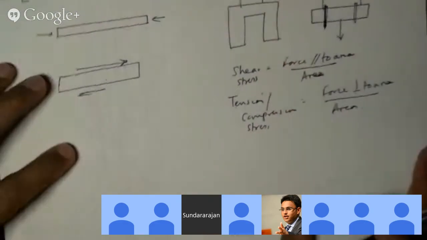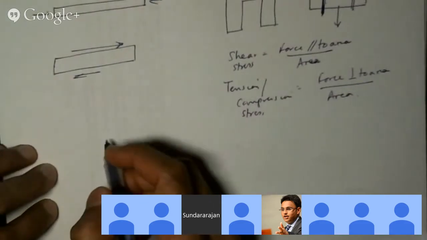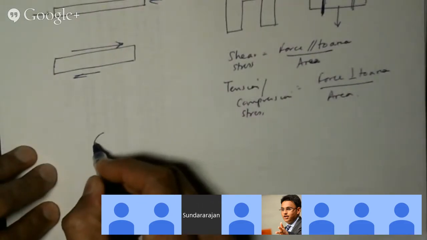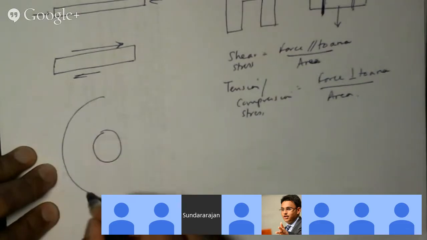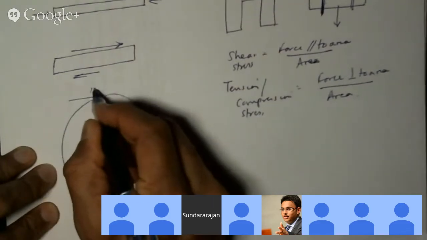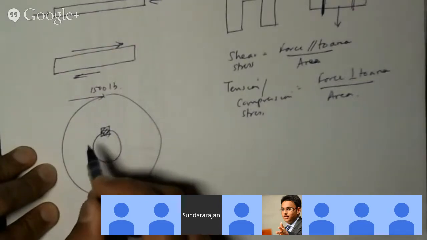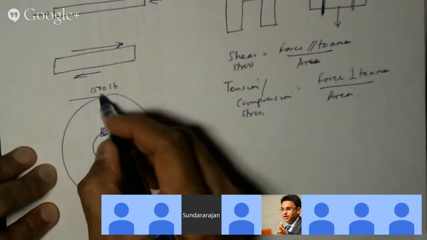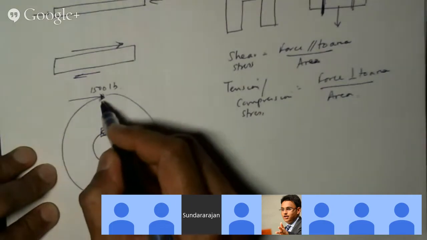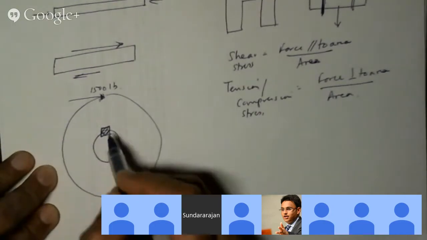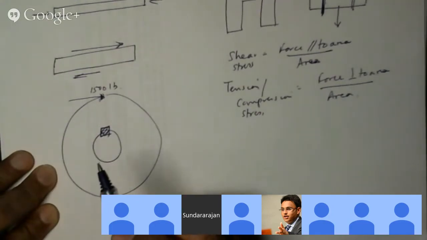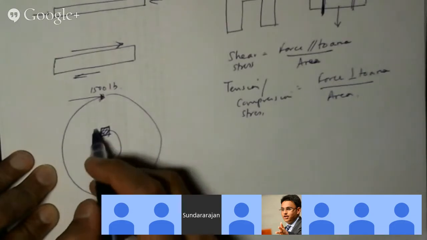Wouldn't it be the torque? No, the torque is not a force. Here is the 1,500-pound force, and here is the key. So what is the force on this key now? Oh, it's tension because it's perpendicular to the key.